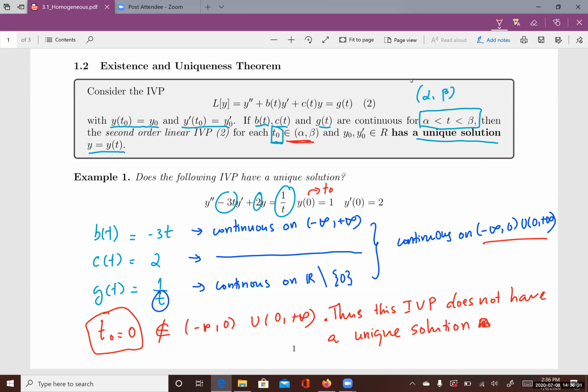This IVP specifically doesn't have a unique solution, but if you pick a different set of initial values, or come up with a t0 that is not 0, for example t0 equals 1, then the new IVP with the new set of initial values should have a unique solution.